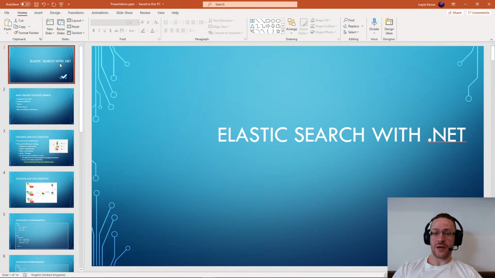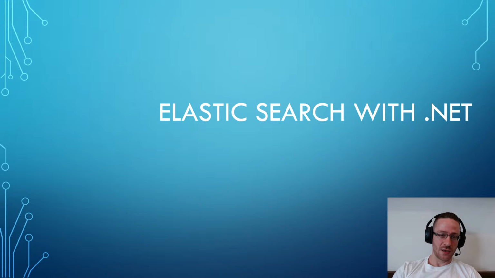So for today, we have to talk about Elasticsearch with .NET, and I have added some additional things besides Elasticsearch from the Elastic company, which is pretty much the Elk Stack, or in other words, Elasticsearch, Logstash, and Kibana.